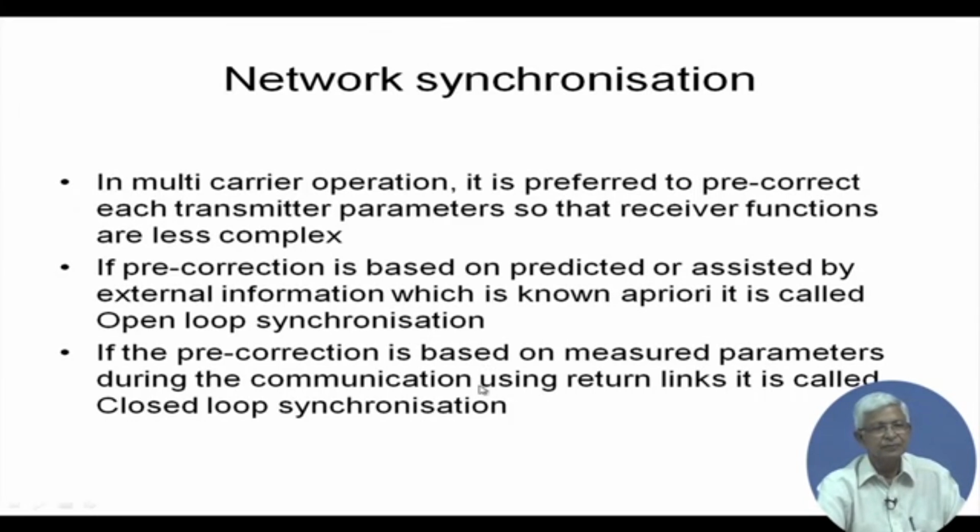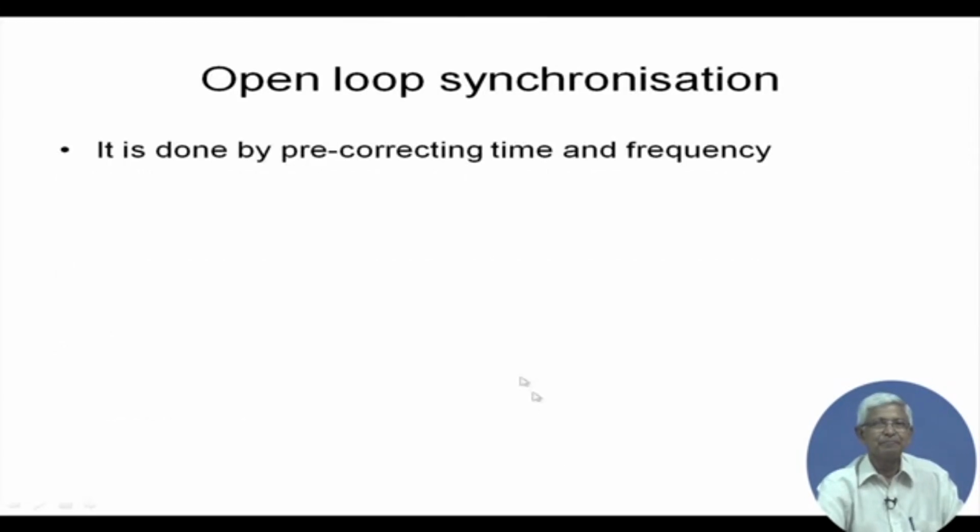That means each transmitter has to do the measurement, and the information is not supplied by anybody else. So, it has to do a round trip measurement. That means it needs a return link. It is transmitting as well as receiving. So, it is called closed loop synchronization. That loop is closed. So, pre-correction could be open loop or closed loop synchronization. We will see both of them.